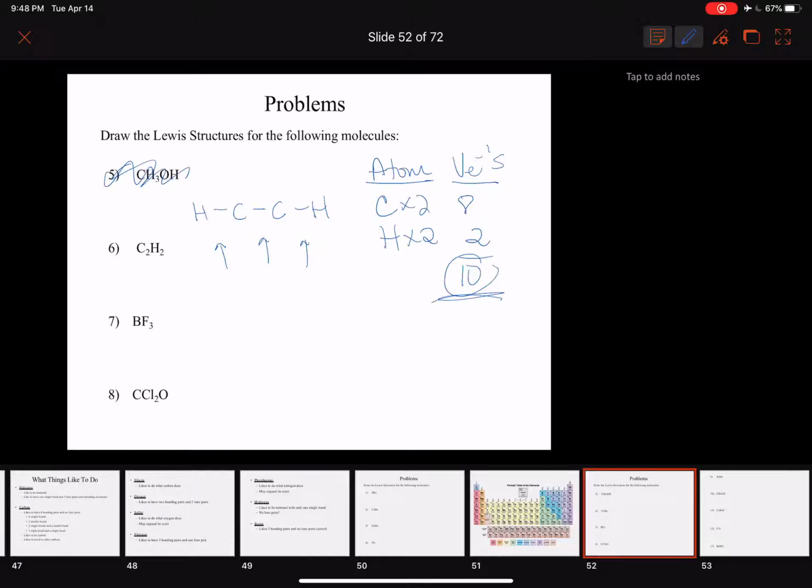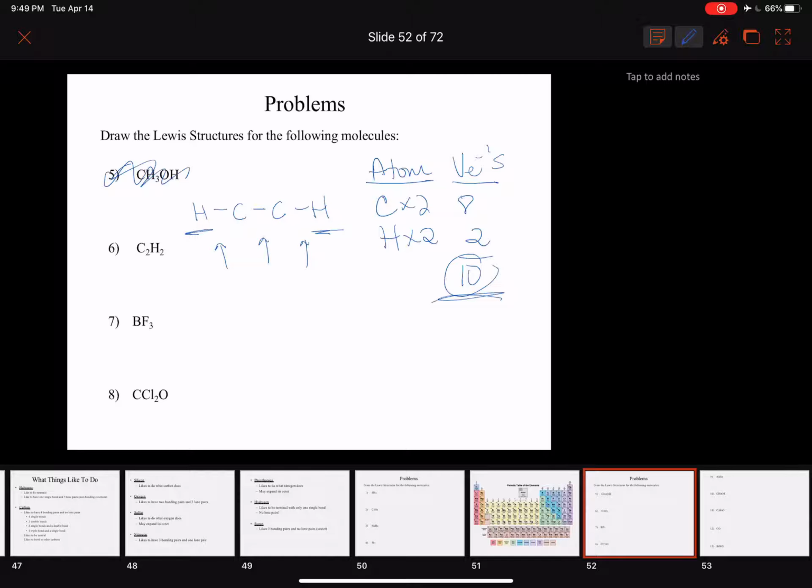And the rule said that you have to take any of your leftover electrons and distribute them to the terminal atoms, which would be the hydrogens, except when they are who? Hydrogen, because hydrogens don't like lone pairs. No lone pairs and just a single bond.